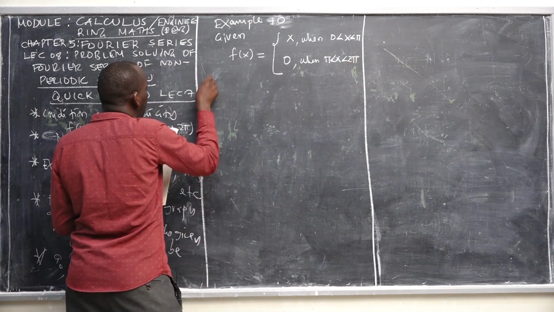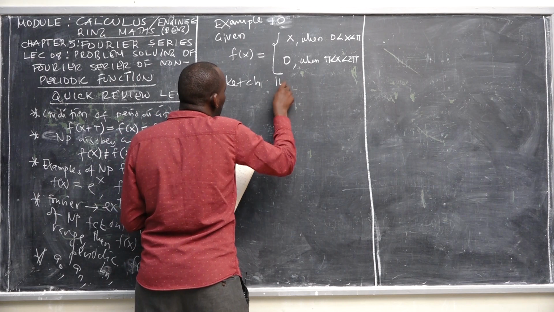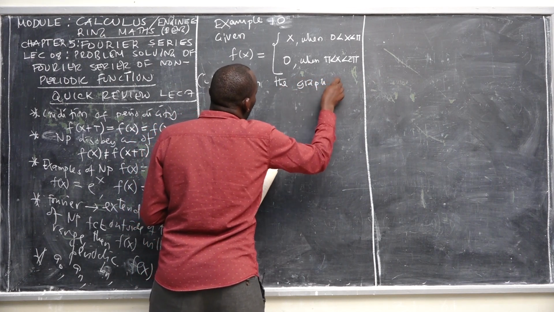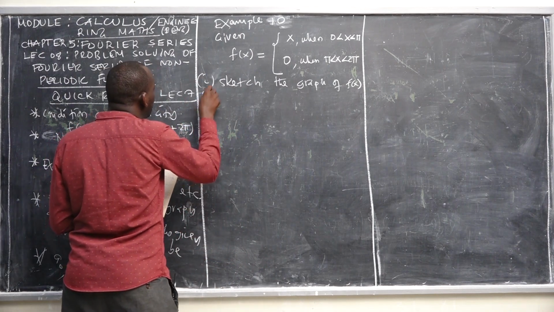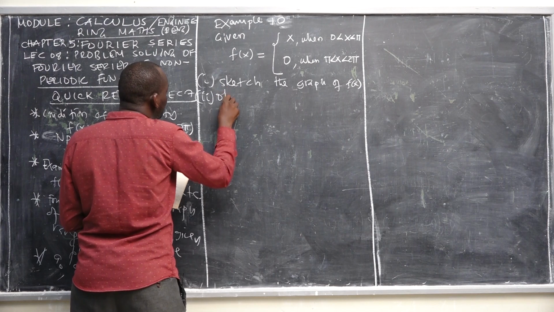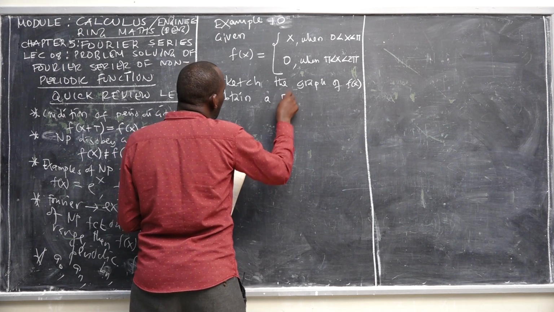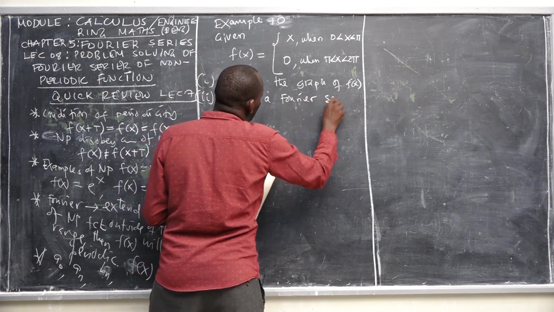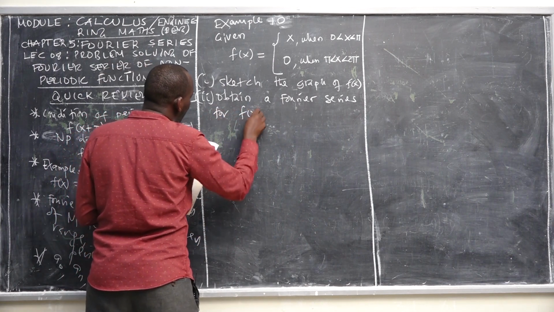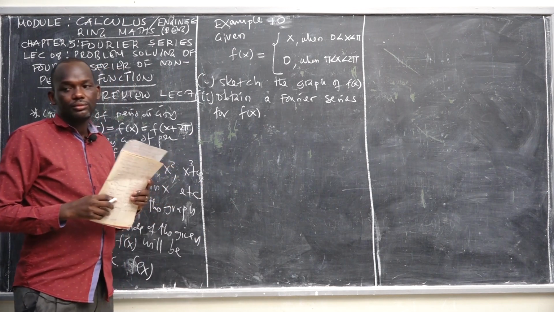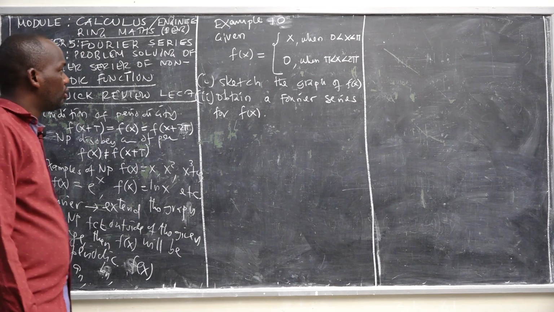So the question: Roman 1, sketch the graph of f of x. Roman 2, obtain a Fourier series for f of x. So that's the question.